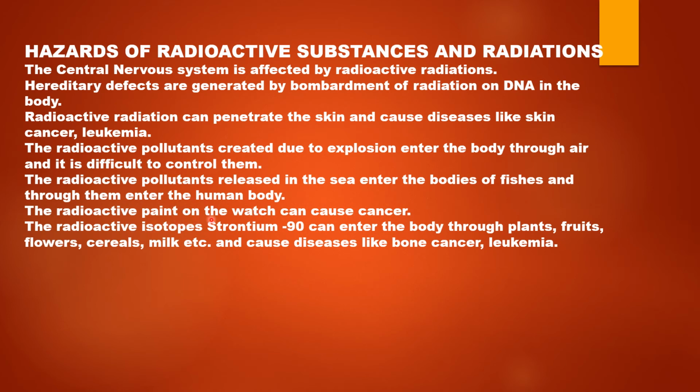Radioactive paint, which is present on the watch, can cause cancer. The radioactive isotopes like strontium 90 can enter our body through plants, fruits, flowers, cereals, milk, etc., and can cause bone cancer, leukemia, etc.